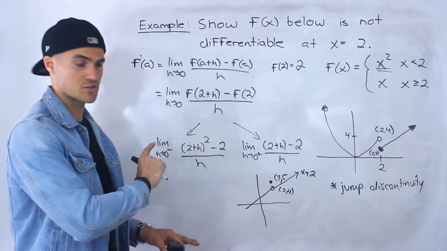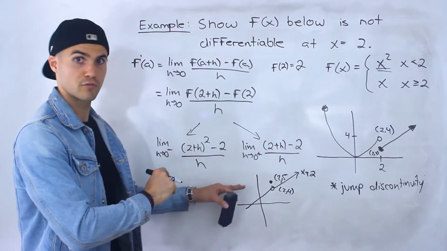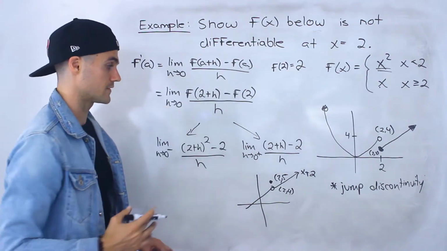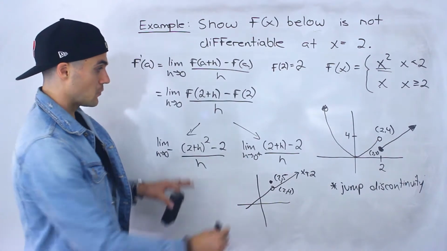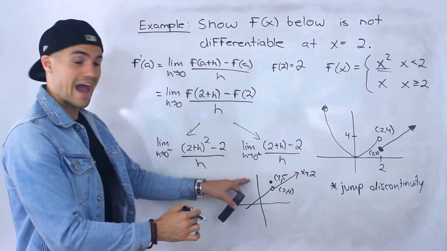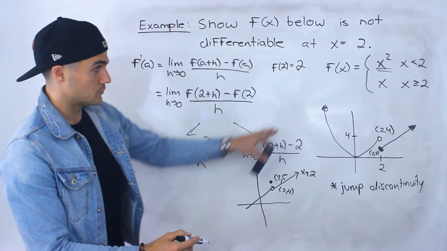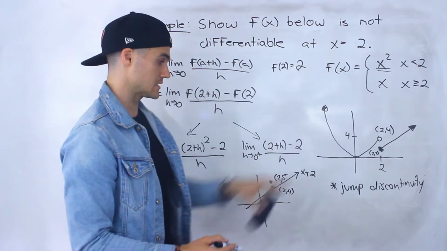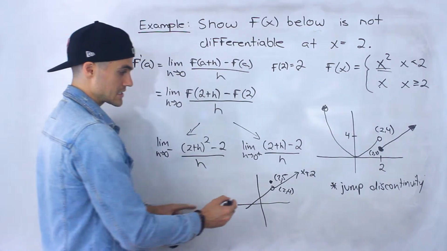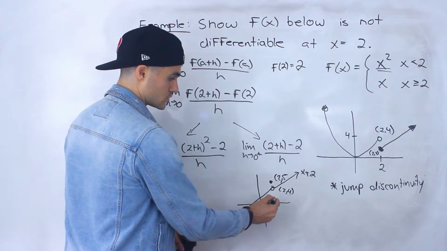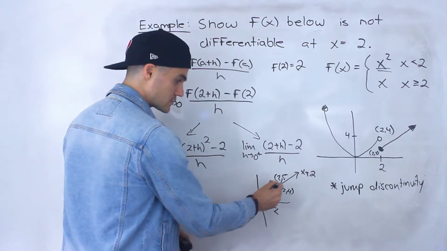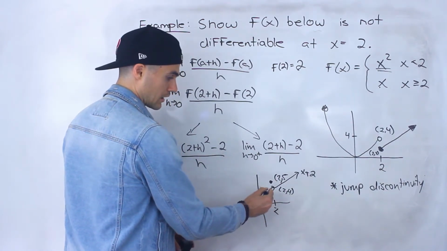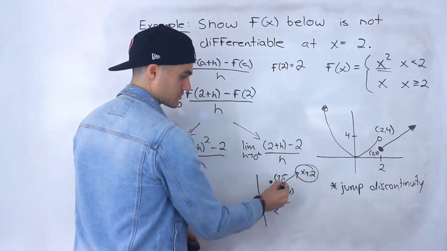So I'm assuming you watched that video because it was before this video on the site. The reason why we didn't have to split up the limit for that example, even though it was a piecewise function like this, was because notice that to the left and to the right of 2, it was that function x plus 2.